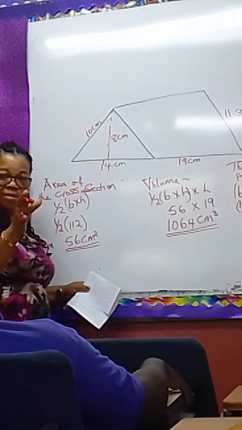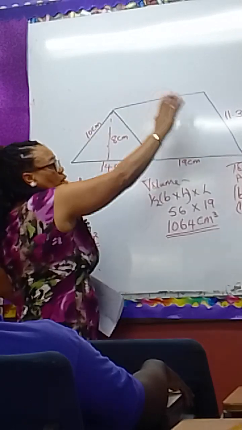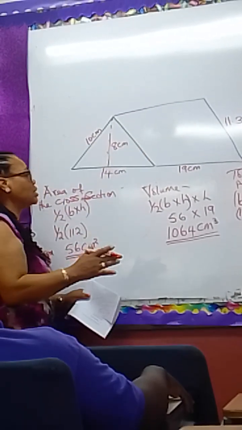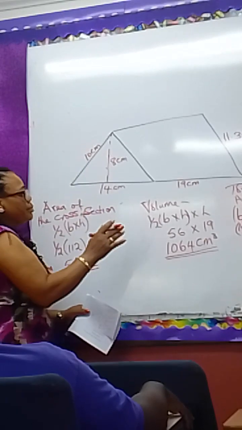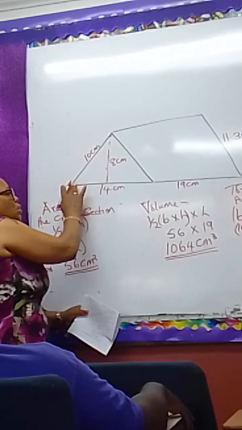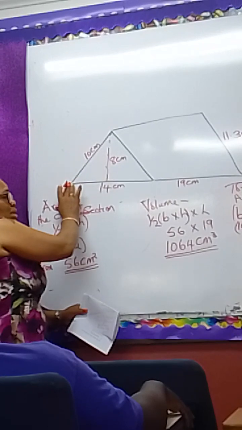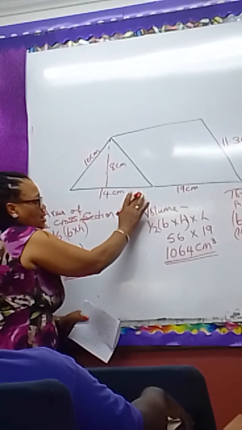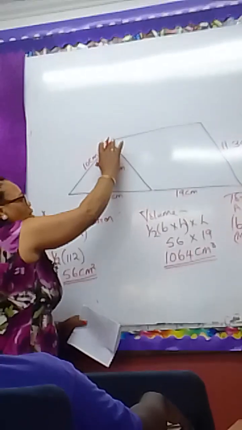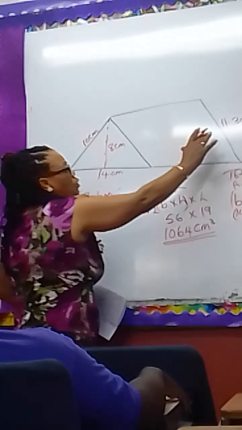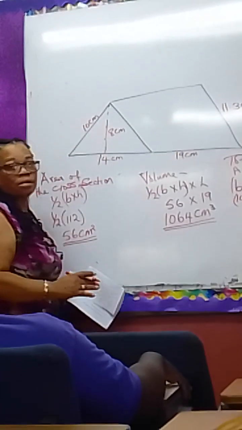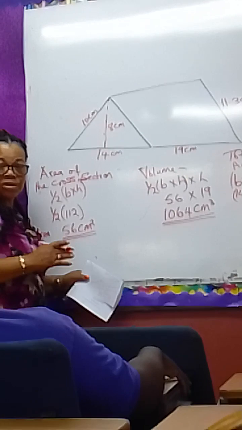We're finding the perimeter of the triangle, not the perimeter of the entire shape as it stands. However, it's the outer part. So this piece is the 10 here. This piece is this side here. And this side right here is going to be this one right over here. You see what I'm saying?